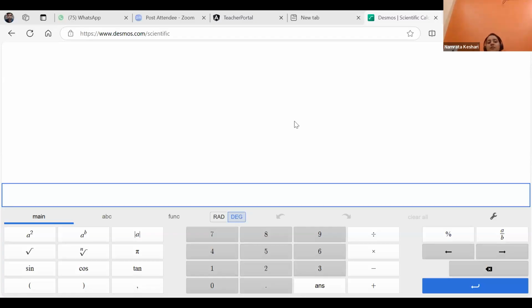Okay, you have seen that our function was (x cube minus 1) by (x minus 1). Can you see the screen? Yes, ma'am. And we have taken 0.5.